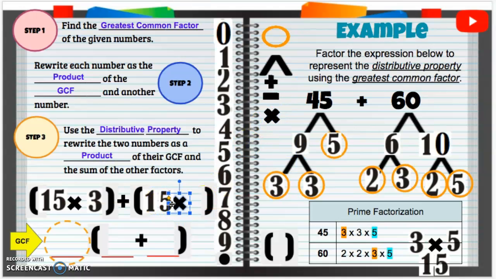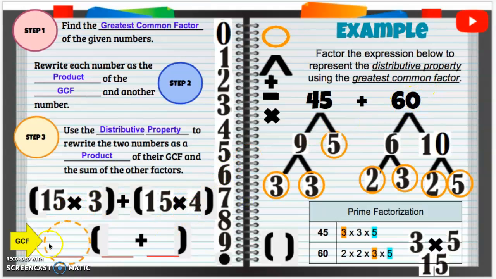Well, I know that 15 times 3 equals 45. If I do another 15, that will be 60. So 15 times 4 is going to equal 60.